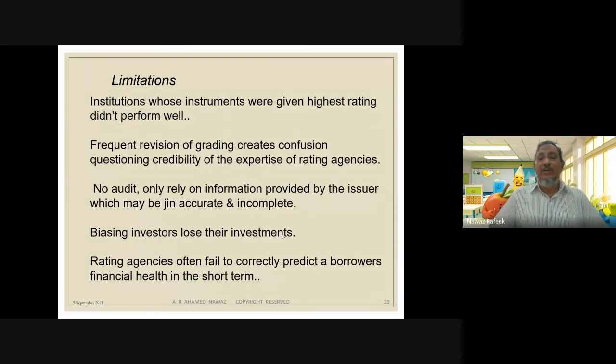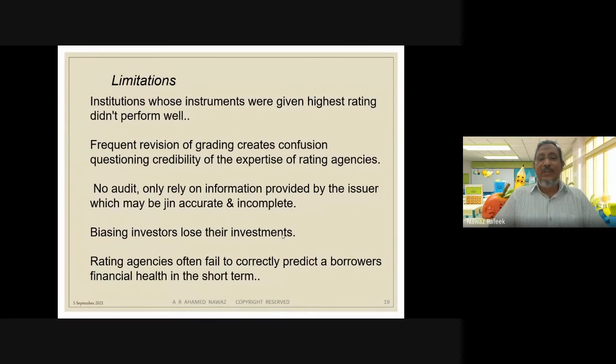Right? So when the ratings are given, there's no audit carried out on them. Information by the issuer may be inaccurate and incomplete.